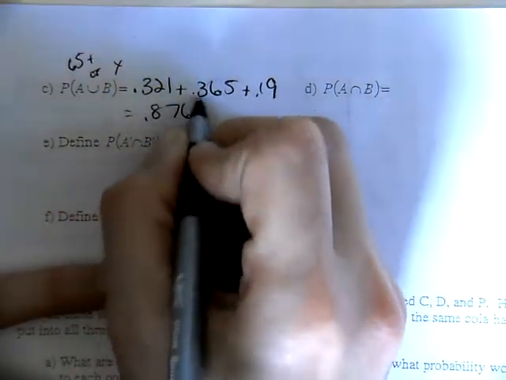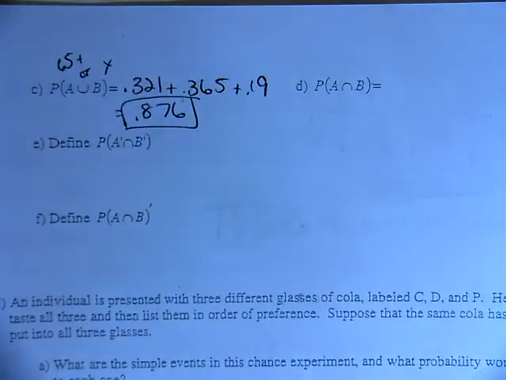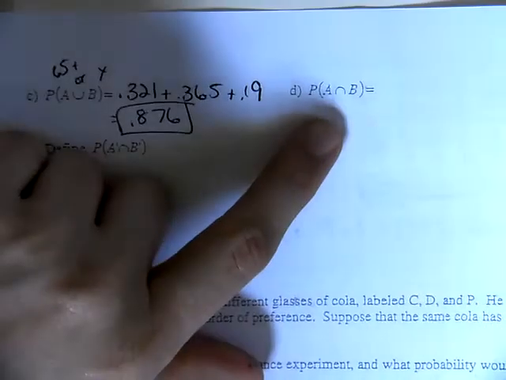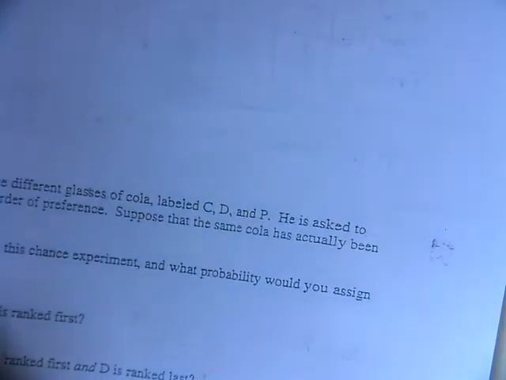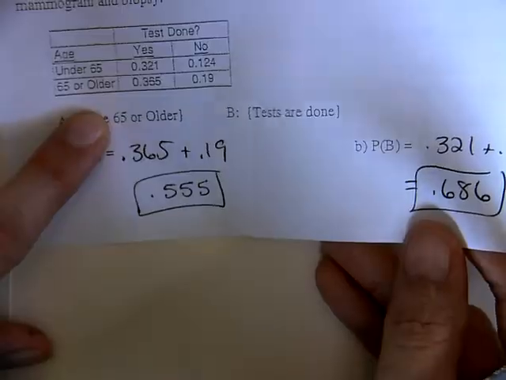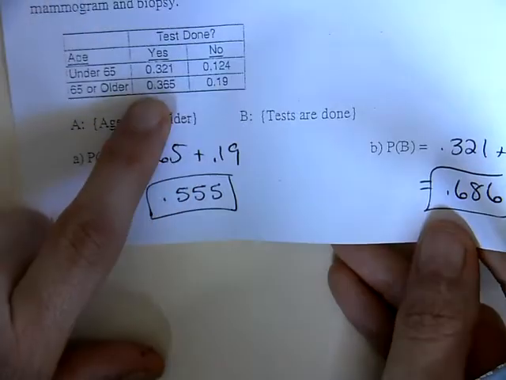So 0.876. The probability of A and B, so that they're 65 or older and they had tests done. So 65 and older, test done, 0.365.